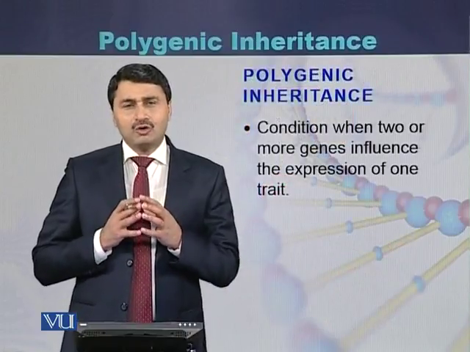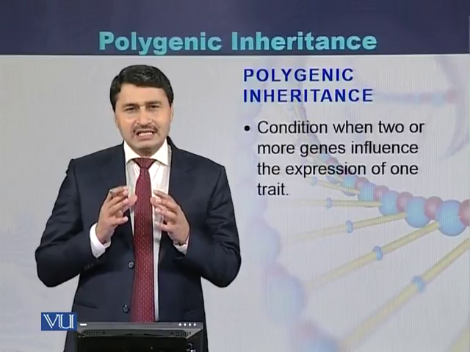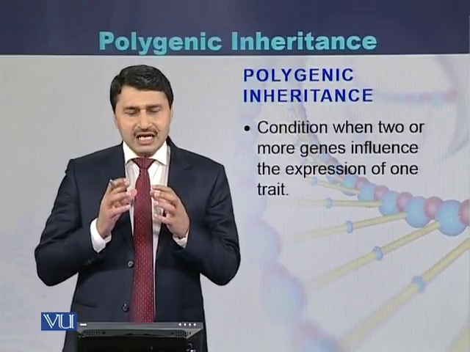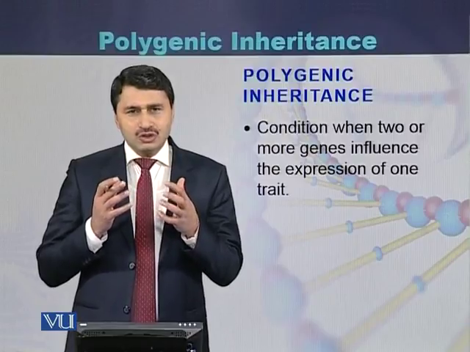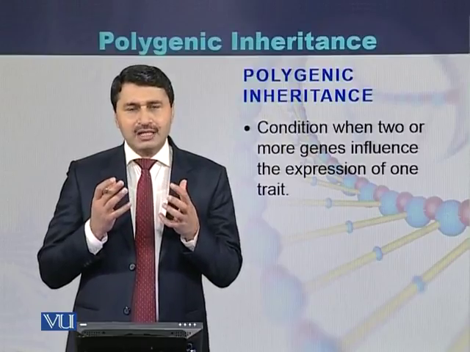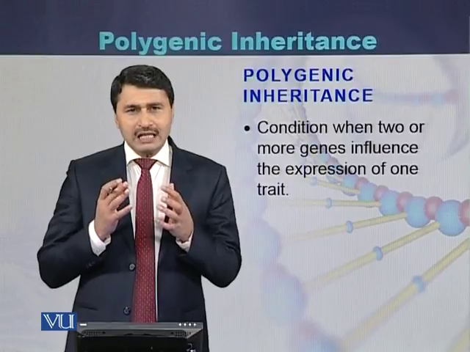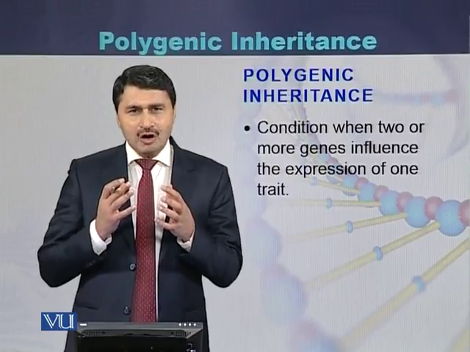So we can conclude that polygenic inheritance is a trait in which more than one gene, two genes, three genes or multiple genes, contribute together to the expression of the trait.